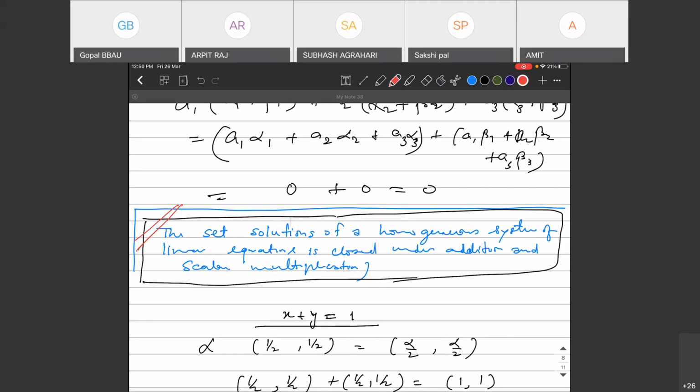It comes from the fact that these vector spaces can be seen as the solution set of a homogeneous system of linear equations. Since these are solutions of a homogeneous system of linear equations, it is called a linear space. The solution set is closed under addition and closed under scalar multiplication.